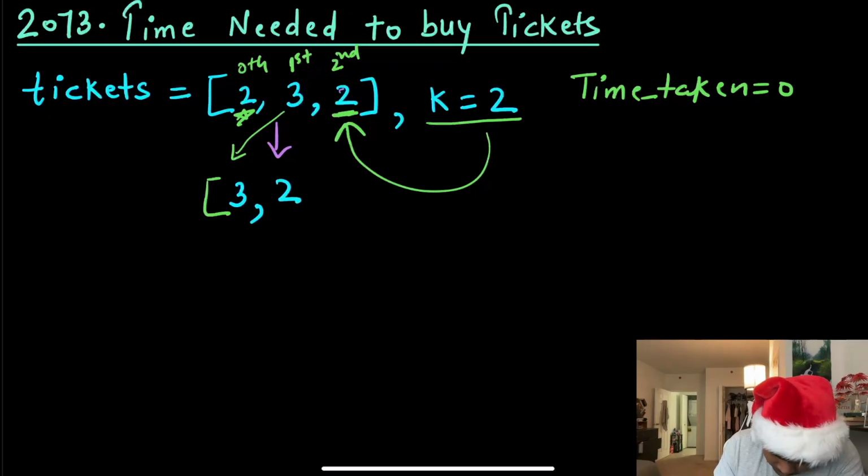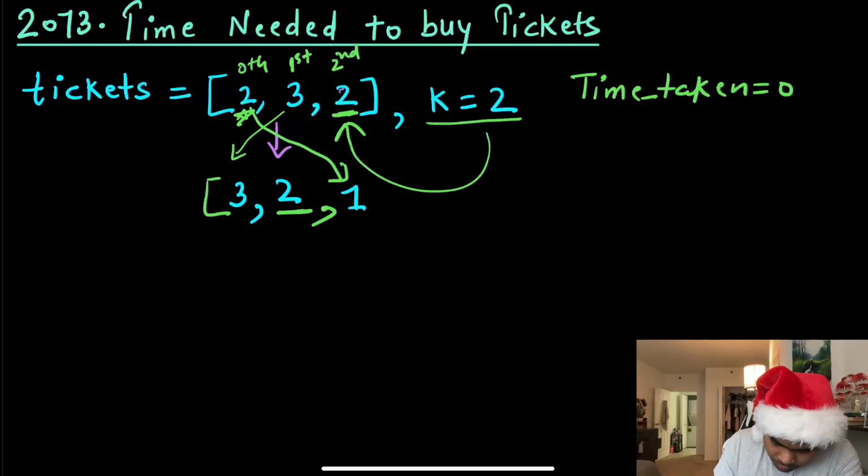Our 2, this is the main guy, I will underline it, that still needs to buy. Now it comes 1 position forward, and this 2 will become 1 now, because it already bought 1 ticket. Great. So this is the situation right now.